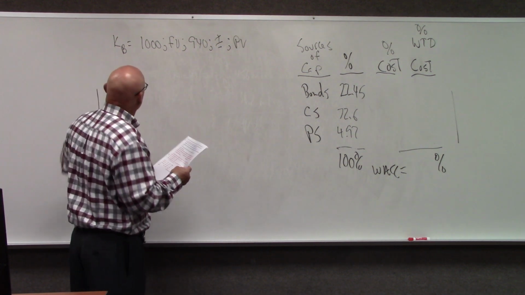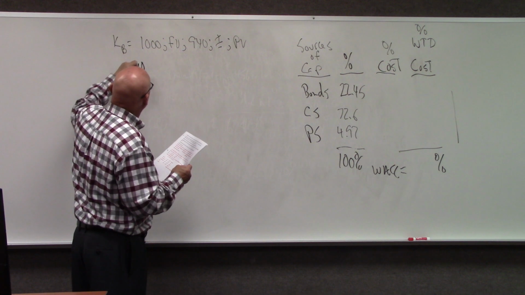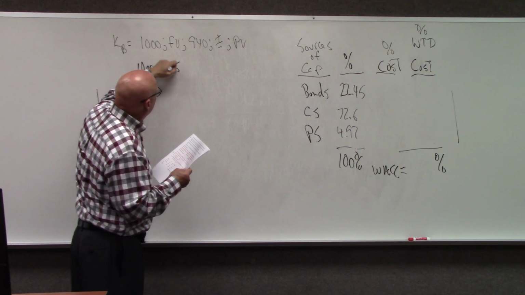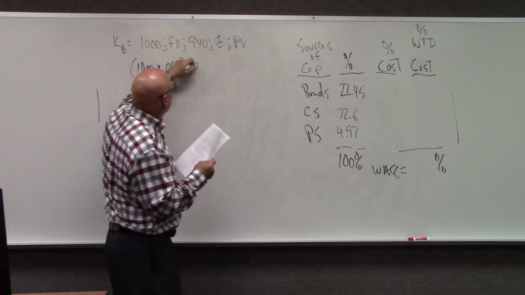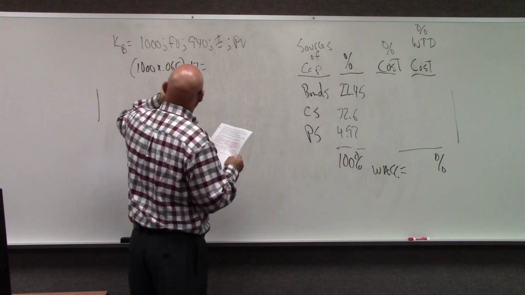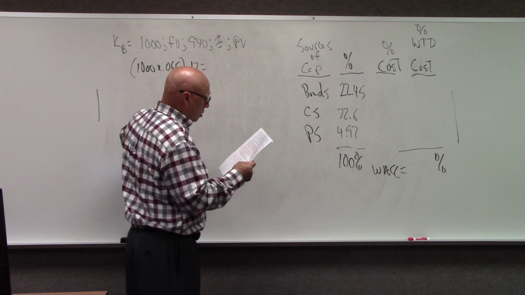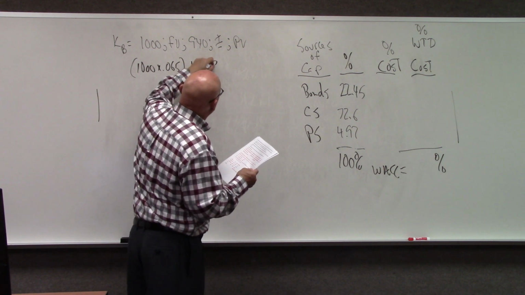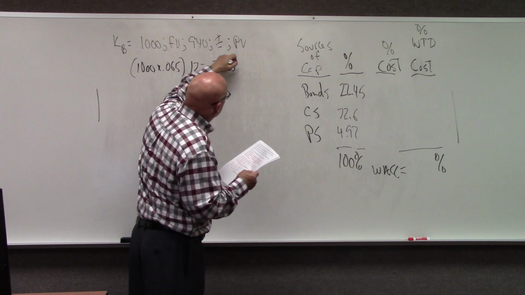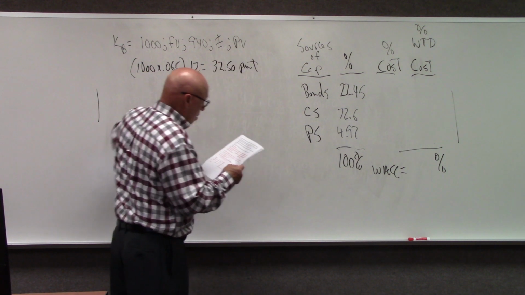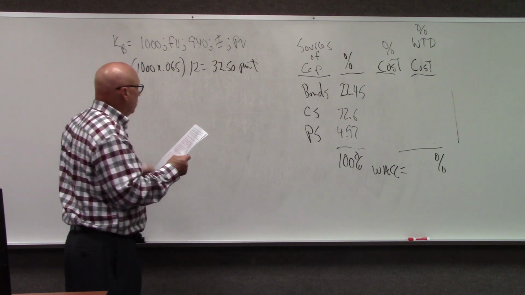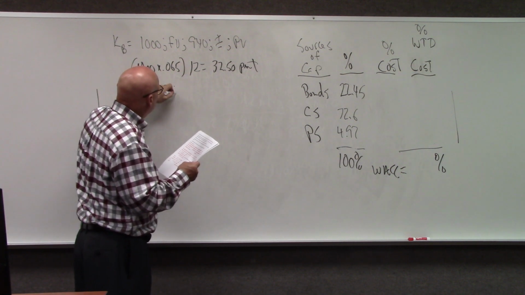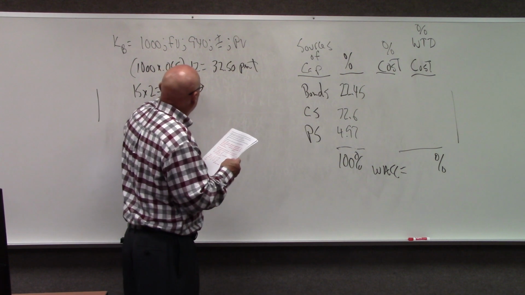Let's do this. 1,000 times 0.065 divided by 2 is 32.50. Yes, 32.50 is our payment, and the bonds mature in 15 years. 15 times 2 equals 30 is our N.